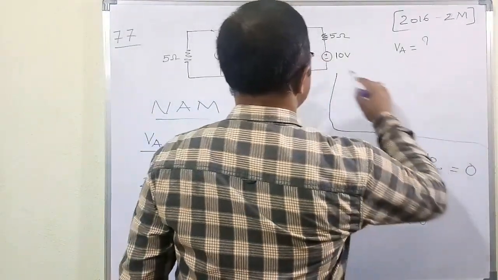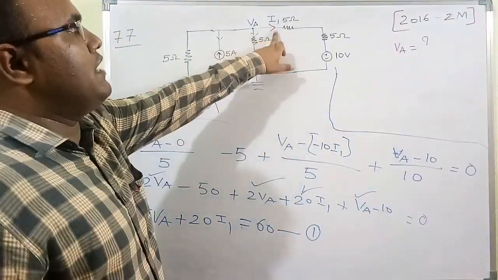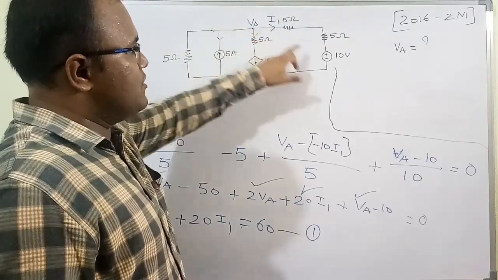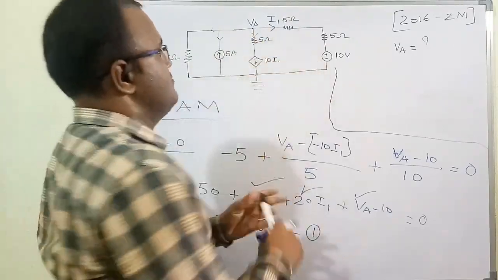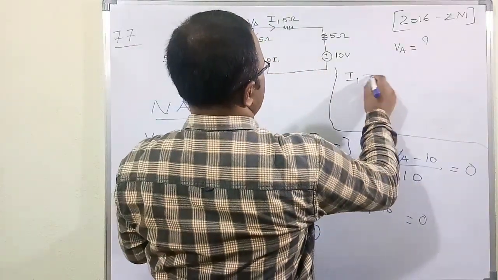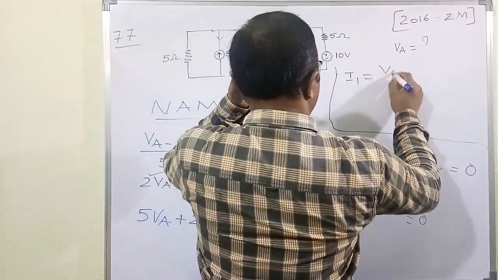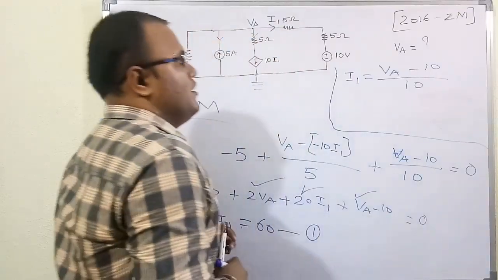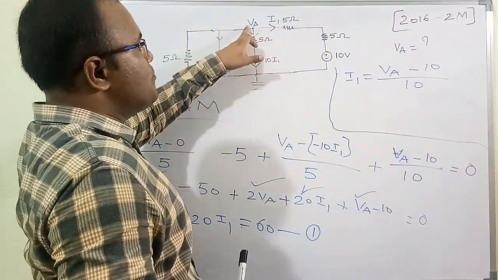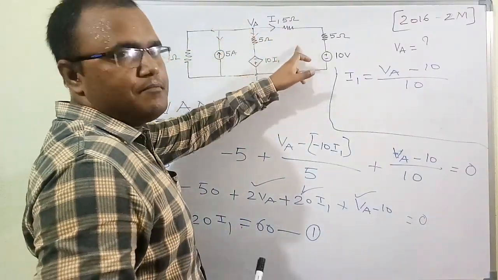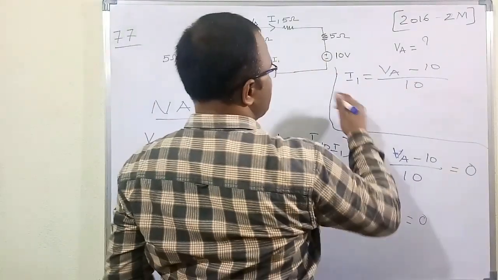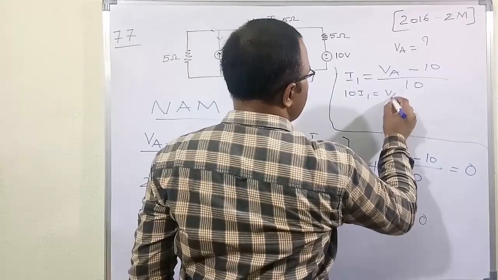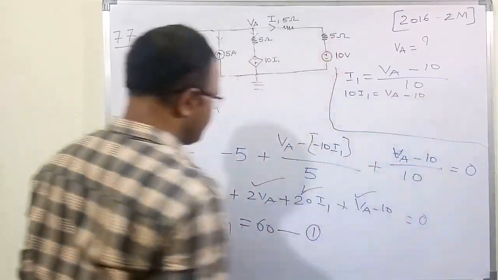Now see, I1 is equal to Va, the higher potential, minus 10, by 10. So I1 is equal to node potential Va minus 10 by 10 ohm. If you do the simplification, it will become 10 I1 is equal to Va minus 10.